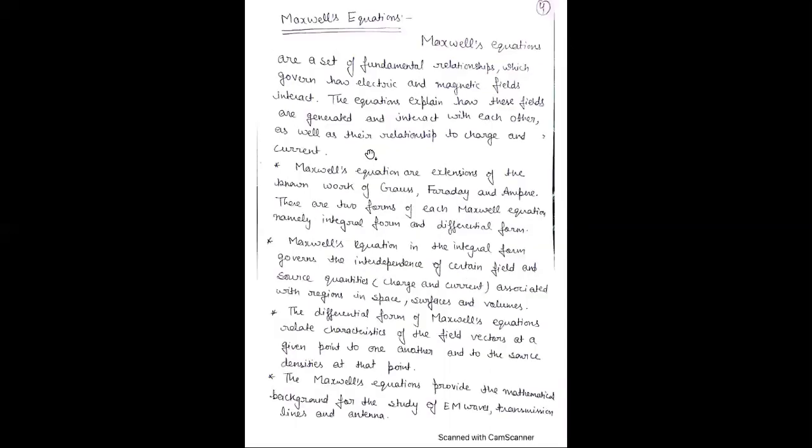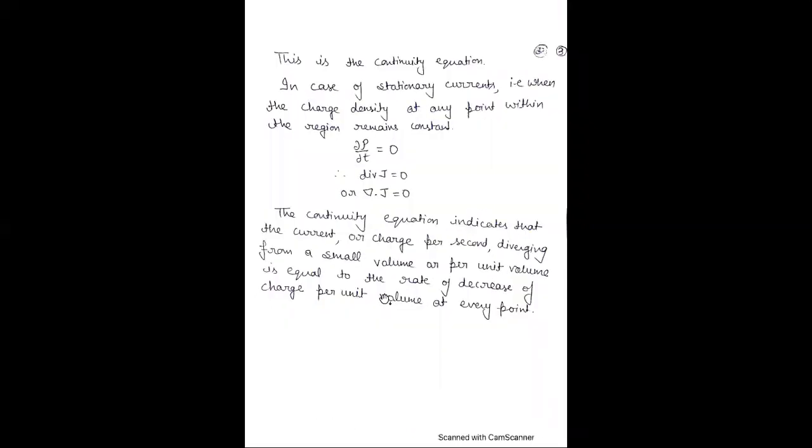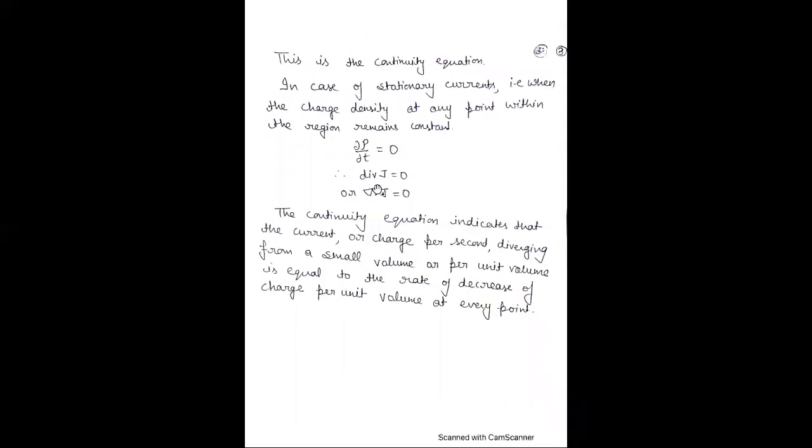Therefore, in this equation we get divergence of J is equal to 0, and divergence is represented by del dot J. The continuity equation indicates that the current or charge per second diverging, that is flowing out, from a small volume, per unit volume, is equal to the rate of decrease of charge per unit volume at every point.